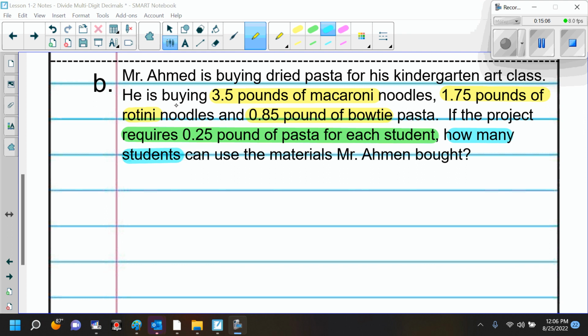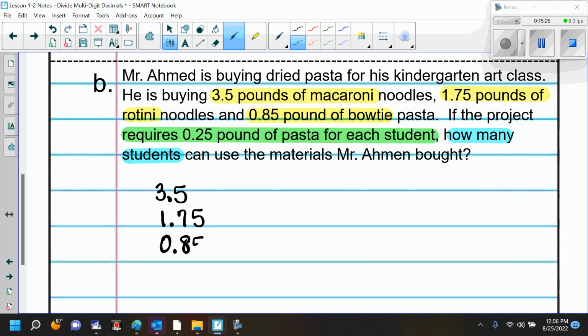So now we just need to add up all the pounds of noodles. So that's the first thing we need to do. So this is 3.5. And remember, when you're adding decimals, you line up the decimals, right? So that's 1.75 for rotini, and then 0.85 for the bow tie. So we're going to add those all together. We've got 10 here, carry the 1.